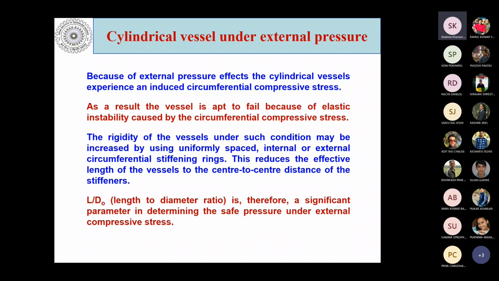However, when I'm using stiffening rings at a 1 meter interval, L will be 1 in that case, not 10. So L by D will be 1 by 1, that is 1. This L by D is a significant parameter in determining the safe pressure under external compressive stress.